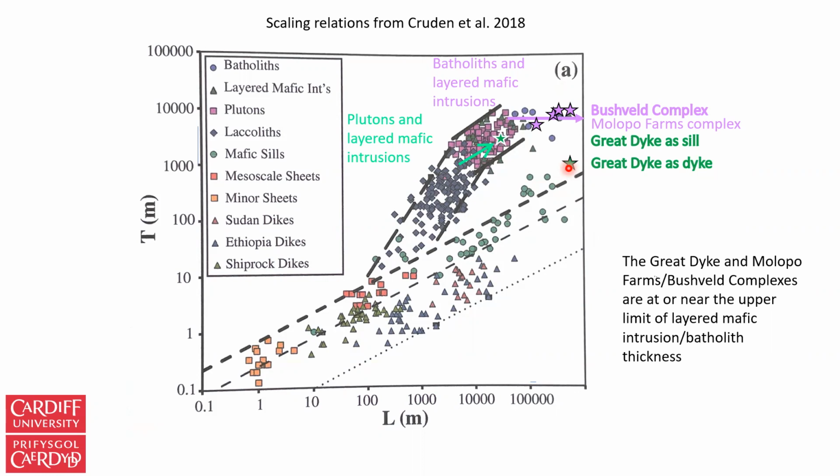So that's what they interpret the data to mean, and it's interesting to see that the Great Dyke fits roughly on that transition between those two regimes when treated as a sill. When treated as a dike, it's right out there. Actually, many of these points on the bottom trend here are actually dikes as well, so it's not surprising that it fits in that sort of part of the plot.